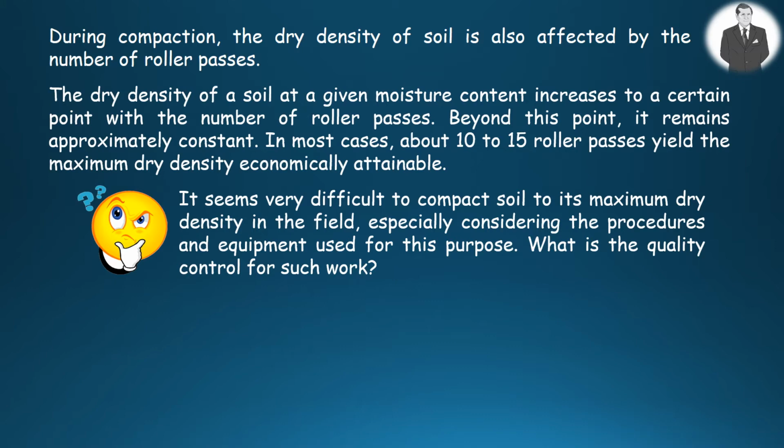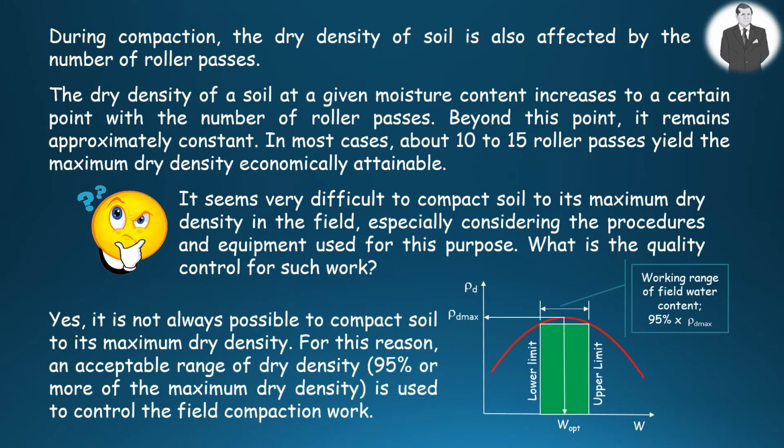What is the quality control for such work? Yes, it's not always possible to compact soil to its maximum dry density. For that reason, an acceptable range of dry density is used to control the field compaction work.